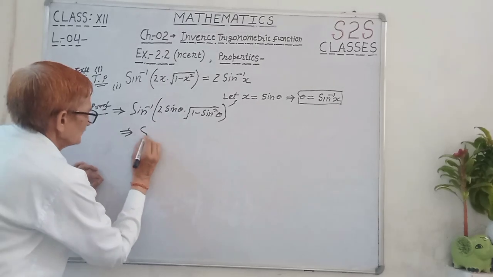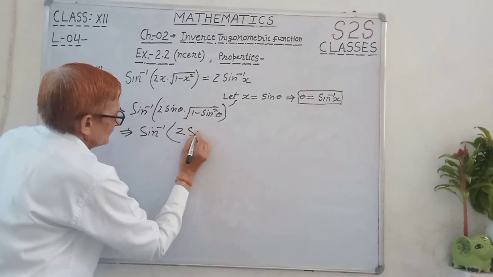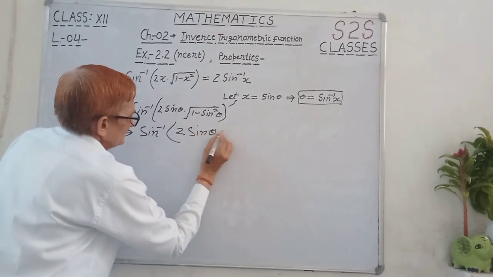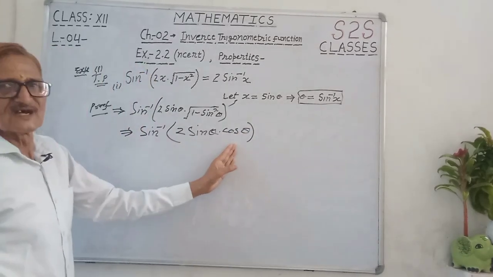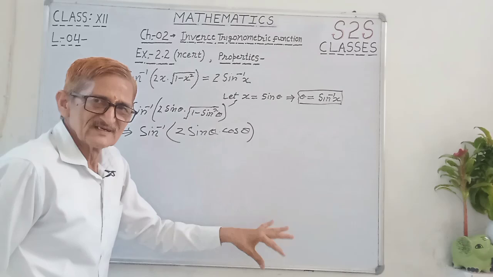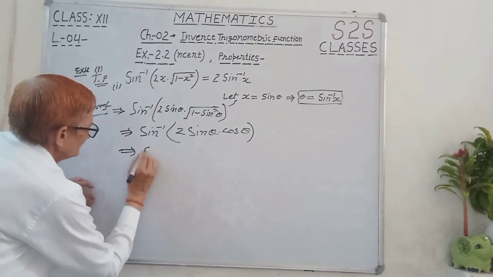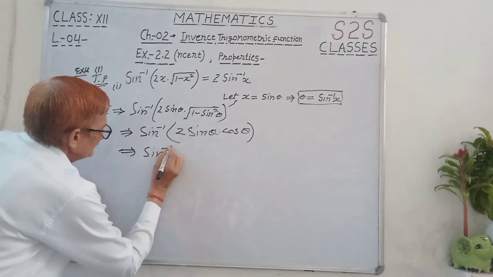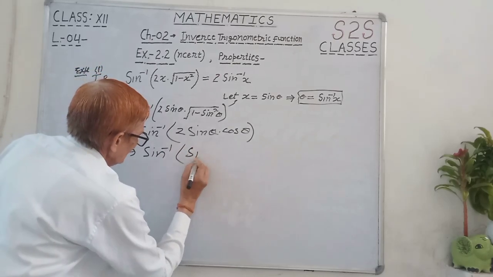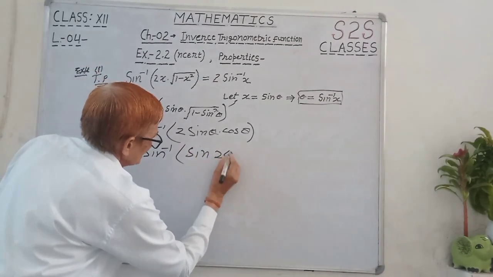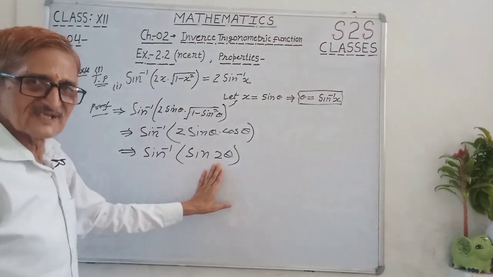So 2 sin theta cos theta. Clear? Now 2 sin theta cos theta is sin 2 theta, since sin 2 theta equals 2 sin theta cos theta in plus 1. So all these identities we have to use. It is sin inverse of sin 2 theta. Then what will be the output? 2 theta.